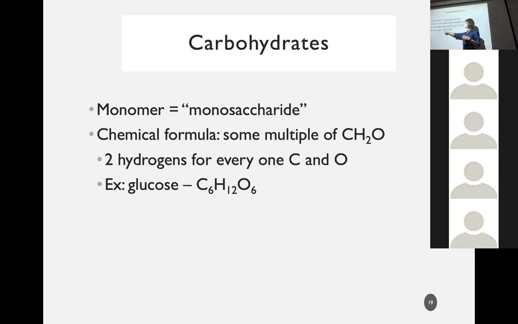So it has 6 carbons, 12 hydrogens, and 6 oxygens. And I'll show you what that looks like in just a second. But you do want to memorize that formula, C6H12O6. That's glucose. You'll see it a lot.